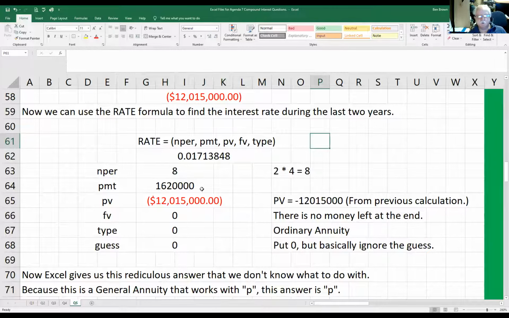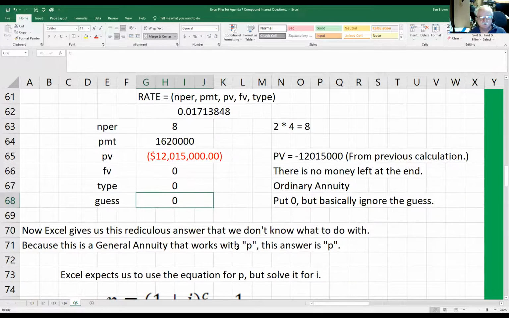We're making a payment of 162,000, and we're paying off 12 million. And in the end, there's no money left. And we can basically ignore the guess. So Excel gives us an answer. But the problem is, the answer Excel gives us is annoying.